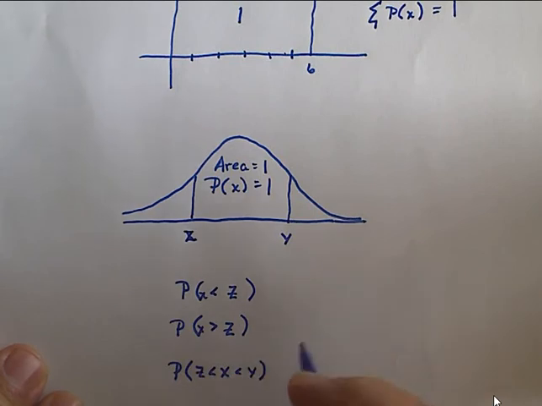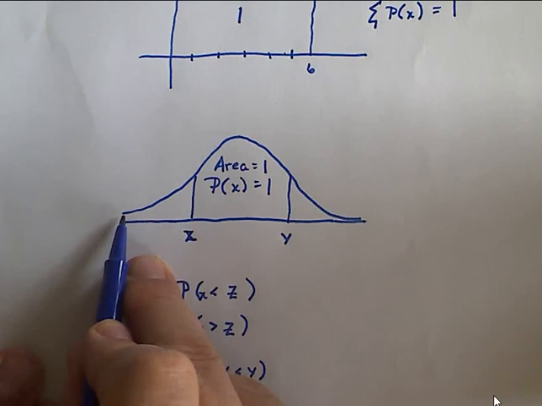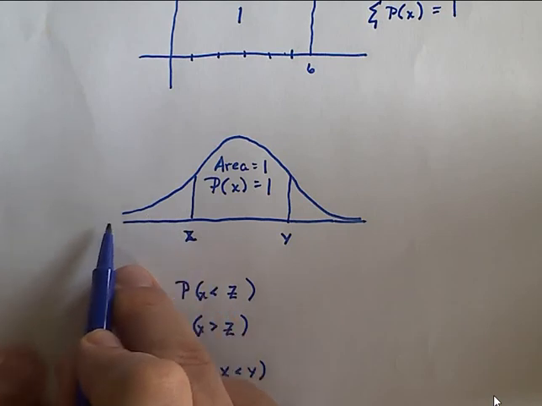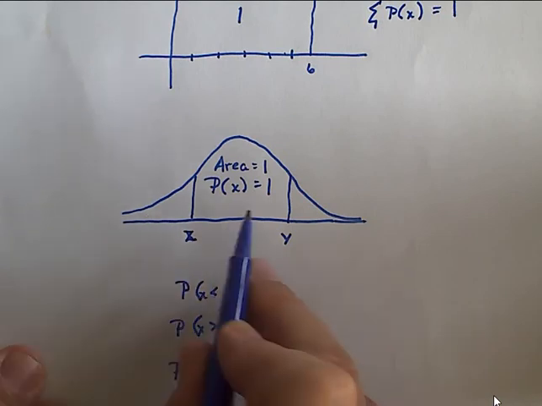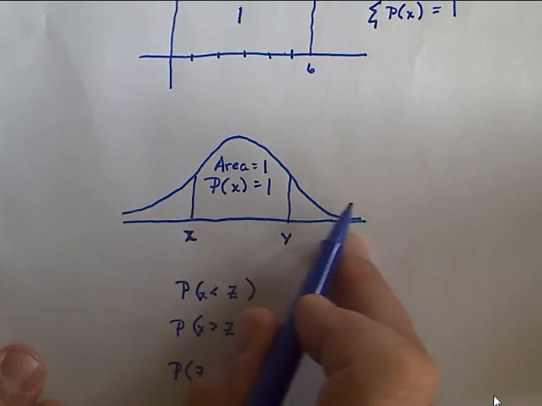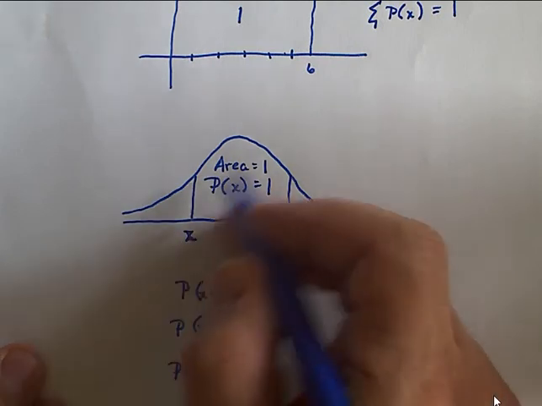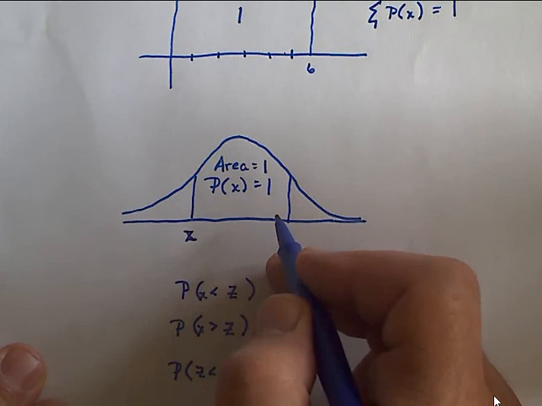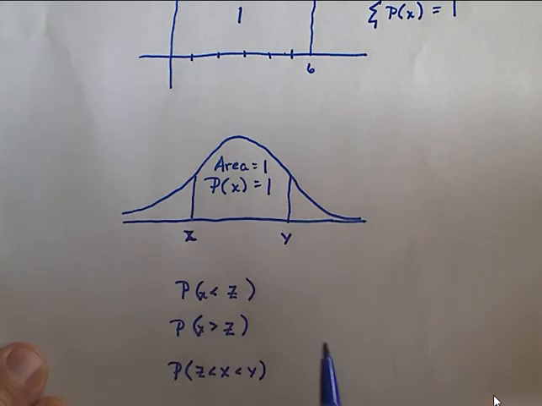So I'm looking at either the shaded region on the left, that's less than, the shaded region on the right, that's greater than, or the shaded region in between. So I'm finding areas under the curve. That's going to be the x value that you're looking for.